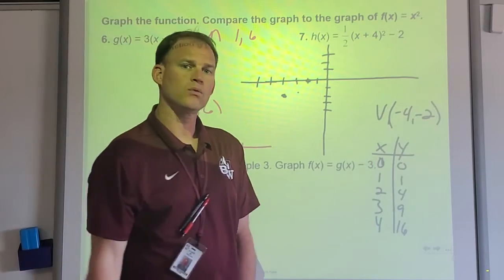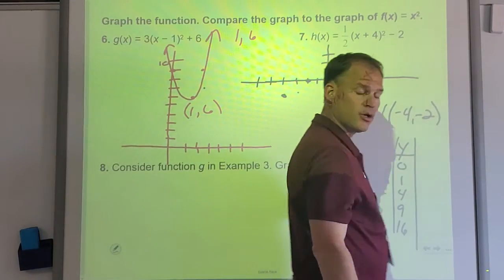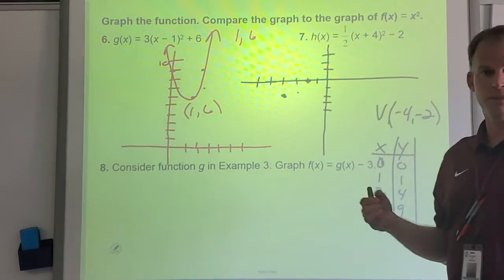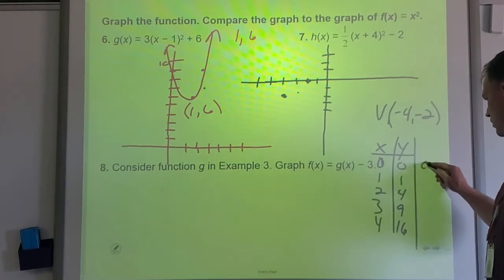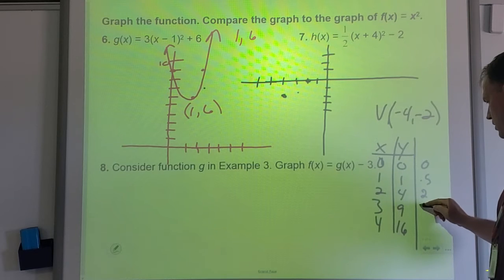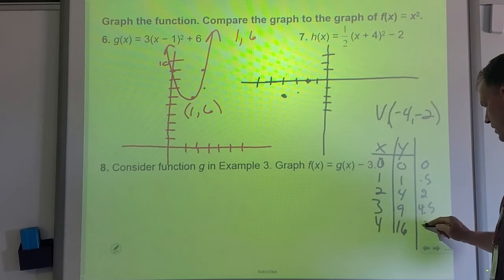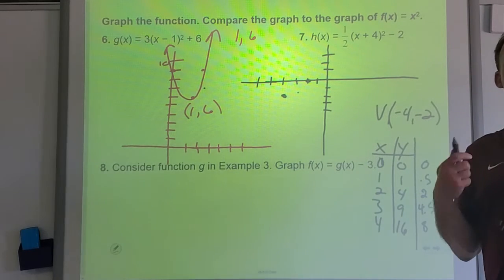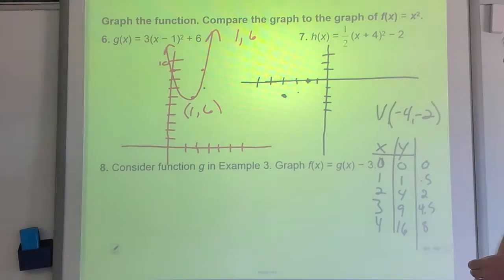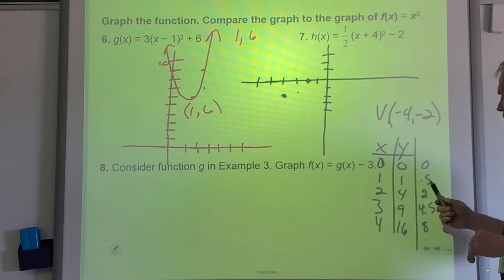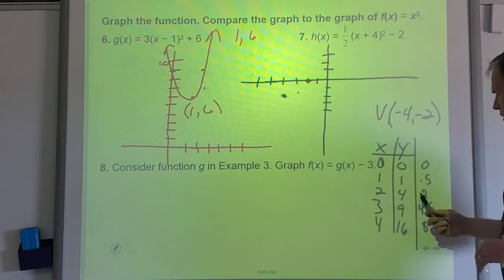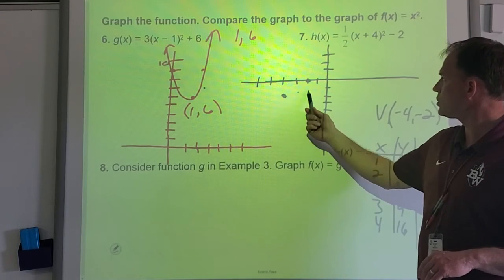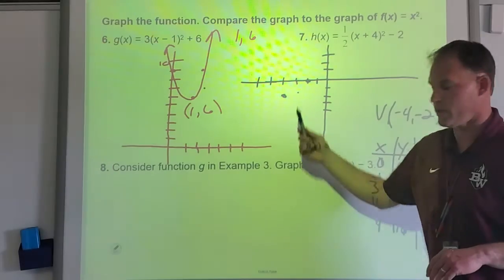write that chart down. And understand it's not telling you a specific point now, it's giving you directions. So this would be still 0, this would be 0.5, this would be 2, this would be 4.5, and this would be 8. And I'm telling you how far to go from the vertex. I'm telling you to go 1 up a half, right 1 up a half. I'm telling you to go right 2 up 2, right 2 up 2. There's my next point.